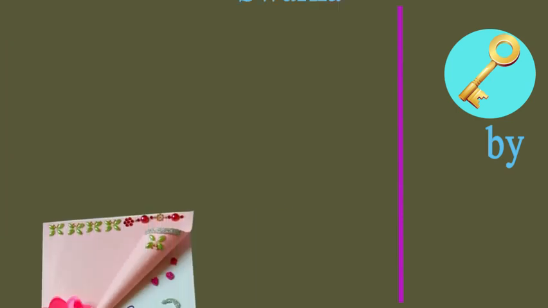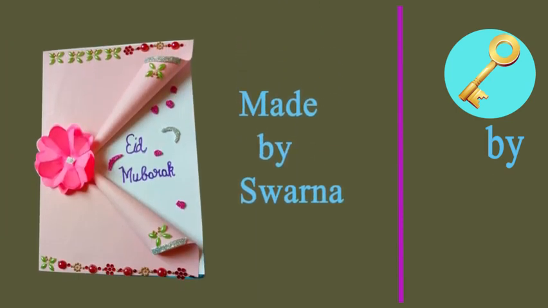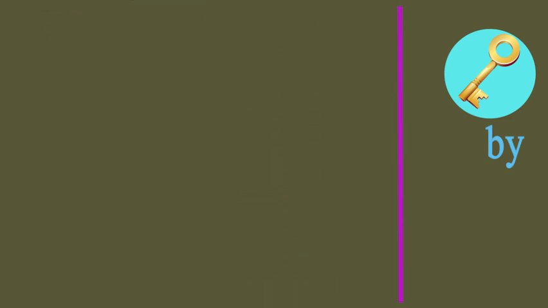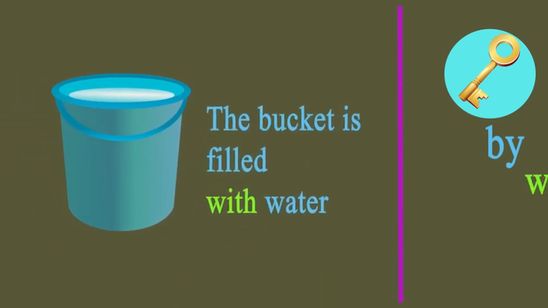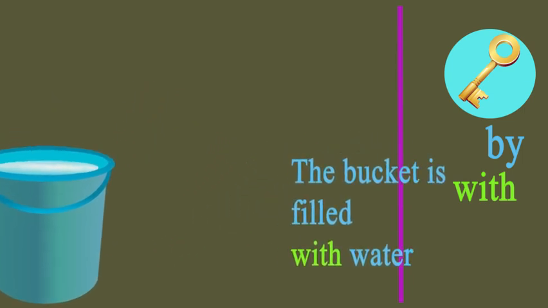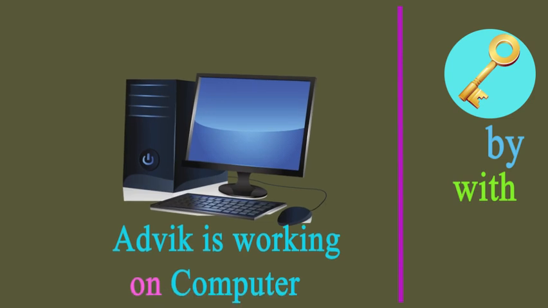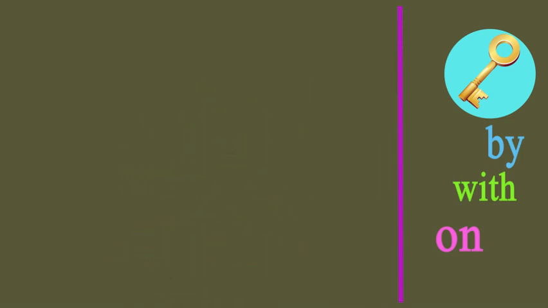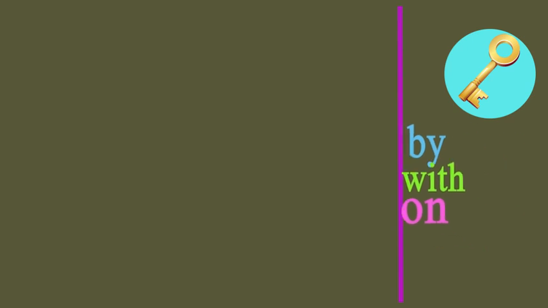This card has been made by Sornali. So by is a preposition of agent. The bucket is filled with water. With implies a preposition of instrument. Advik is working on a computer. On implies a preposition of instrument. So these are widely used as prepositions of instrument.